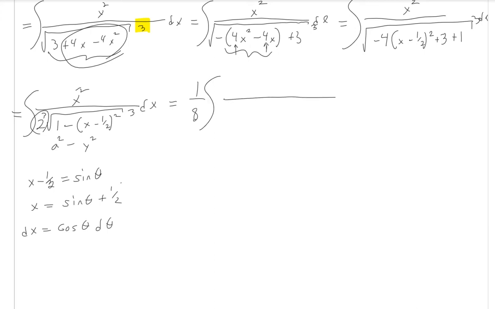X is going to become sine of theta plus 1/2 squared. Dx is going to introduce another cosine of theta on top. And on the bottom, we have the square root of 1 minus this expression becomes sine squared theta. And this is also cubed.